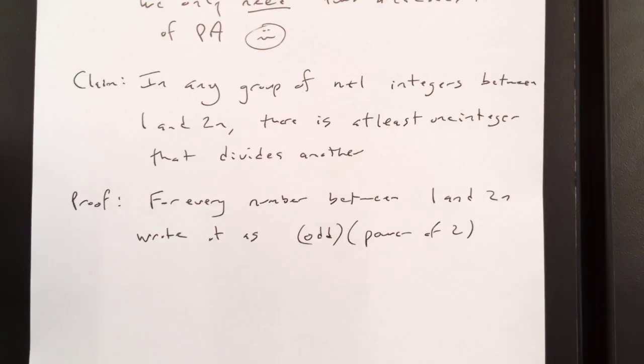If my number's odd, then it's times 2 to the 0. If my number's even, I just keep factoring out all the 2's I can.